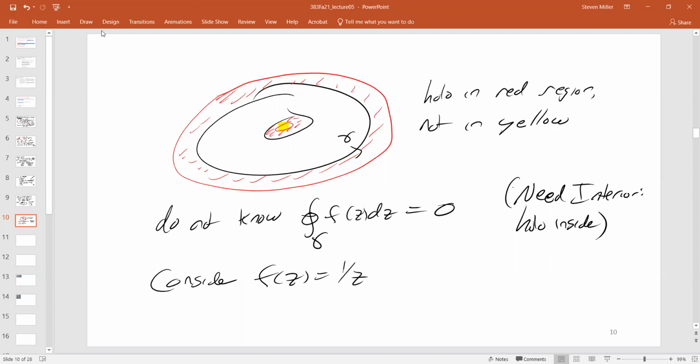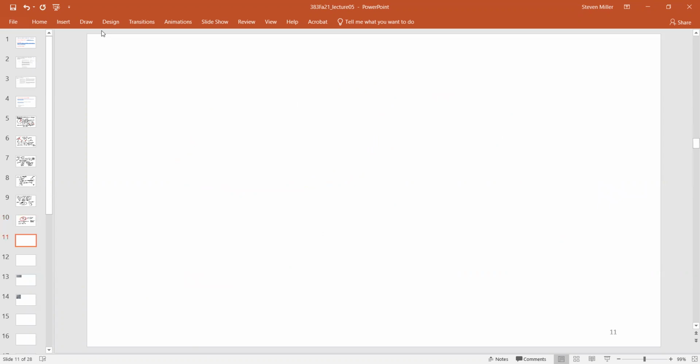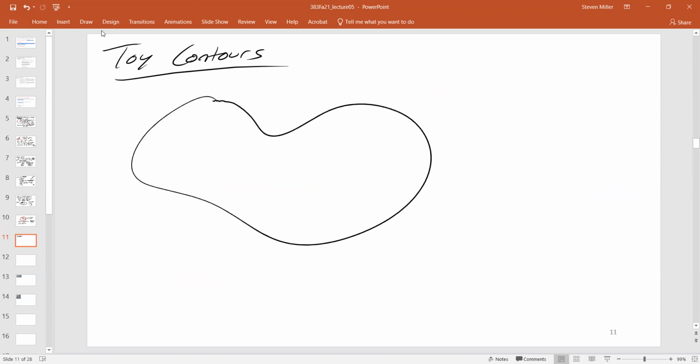Now, in many situations, it's not going to be a big deal. What we can do is they call these, I think, the toy contours. Depending on what you did in multivariable calculus, you might have seen stuff like this before. So I could give you, we've talked a little bit about this, some kind of curve gamma. And I could give you, say, 2 points where the function is not holomorphic.